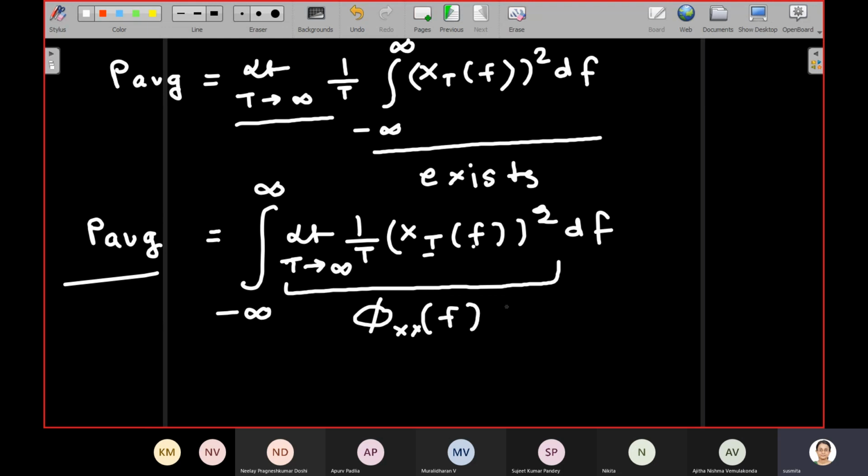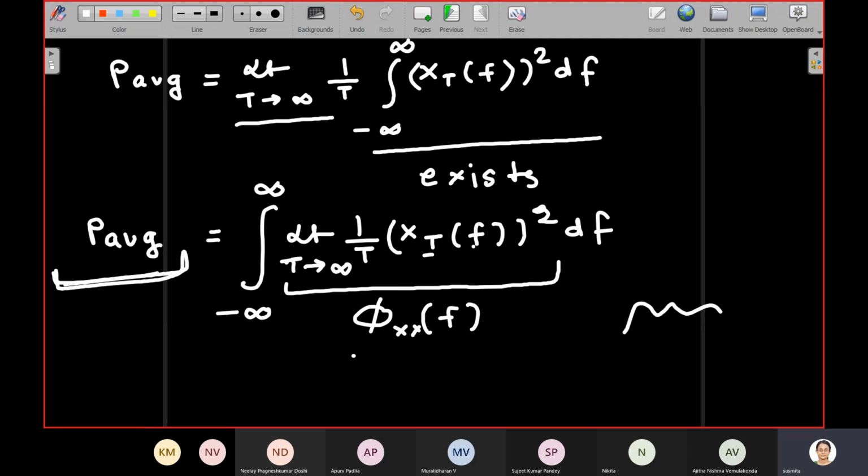Now what exactly are we doing? We are actually integrating this function over the entire frequency range, and that gives us the average power. So this is some sort of a density.